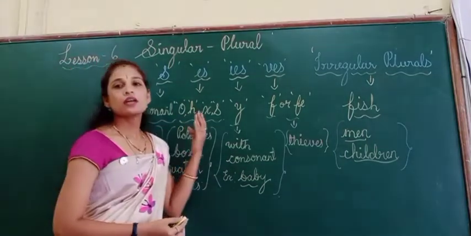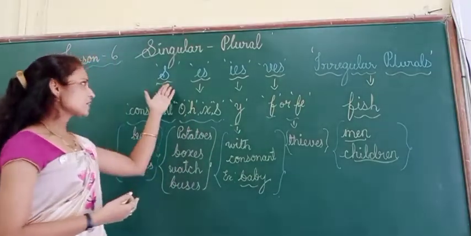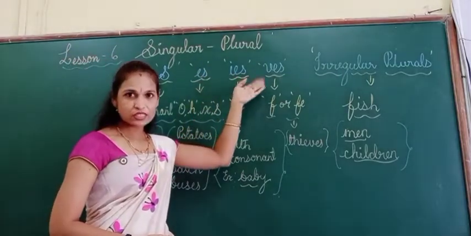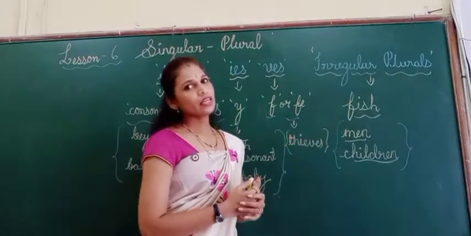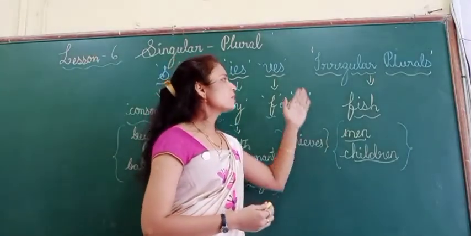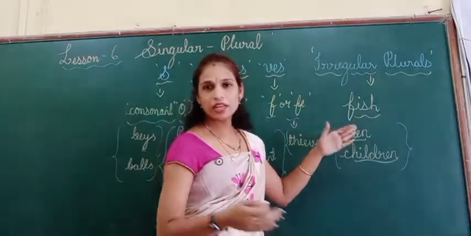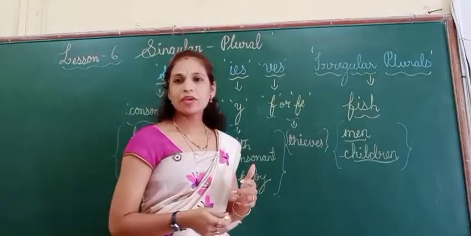Next, to make plural, we add S, ES, IES, VES. And for a few words, we don't add any letters. And in some cases, one of the letters in the noun or word is going to be changed.